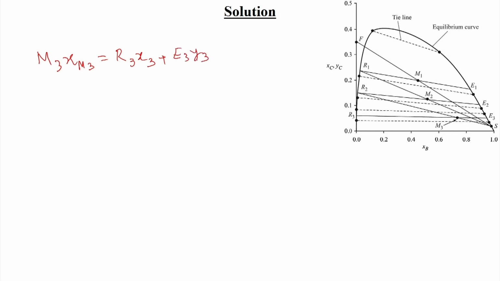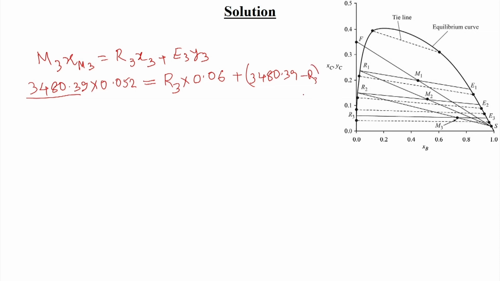Now M3 we already have, 3480.39, into XM3, which we got as 0.052, is equal to R3, which we need to find out, into X3, which is the very small value 0.06, plus E3, which is nothing but the total minus R3, that is 3480.39 minus R3, into 0.05.